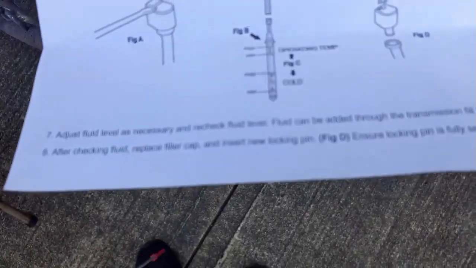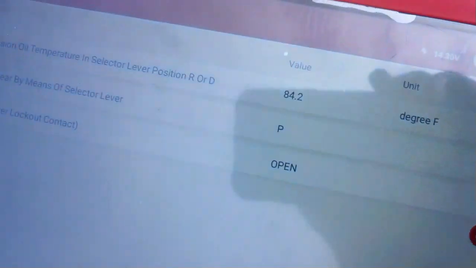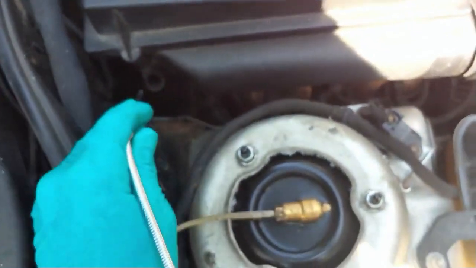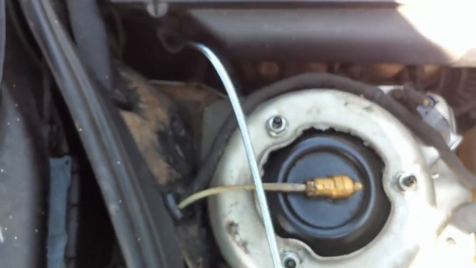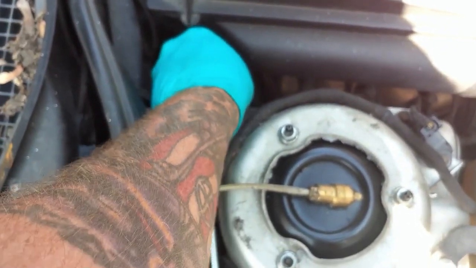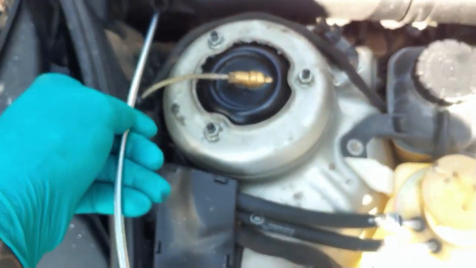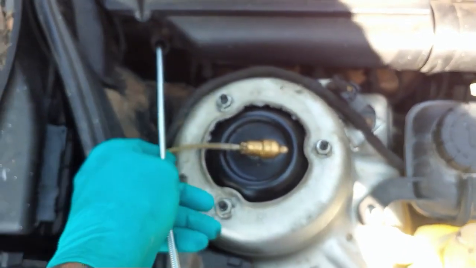So there's nothing on the dipstick, so it's a little low. It's in the cold. I should have something. I'm at 84 degrees. So what you do is stick your tool inside and push it all the way down until it bottoms out. You don't force it. So it's bottomed out. Pull it out, and there's nothing on the stick.